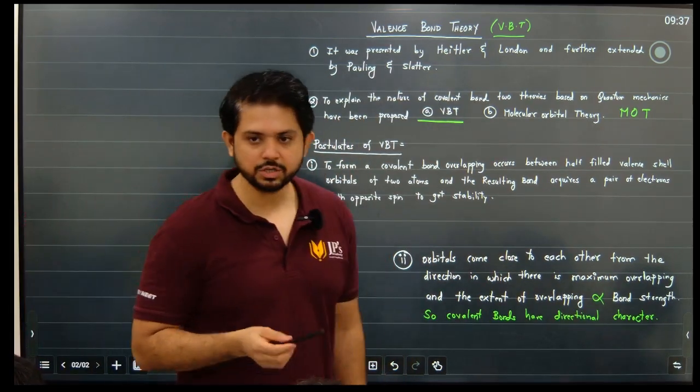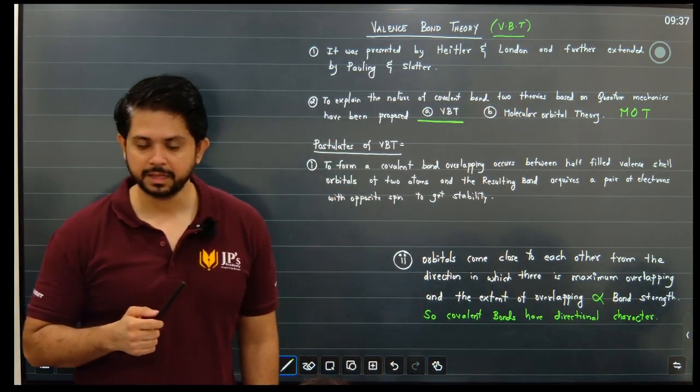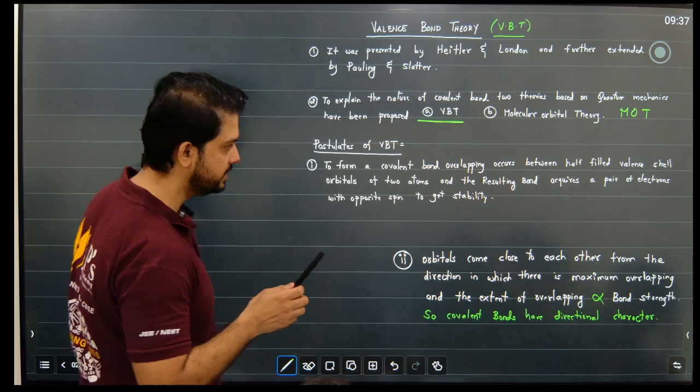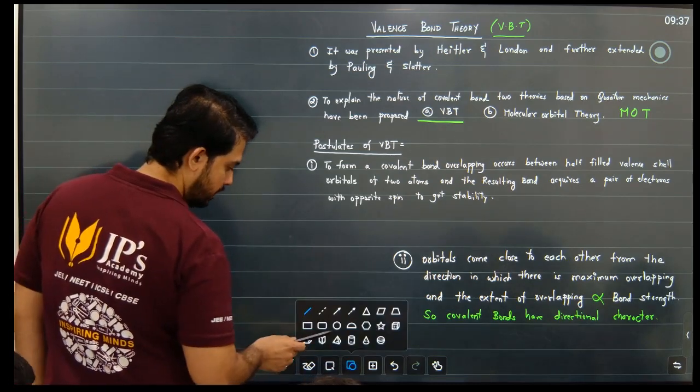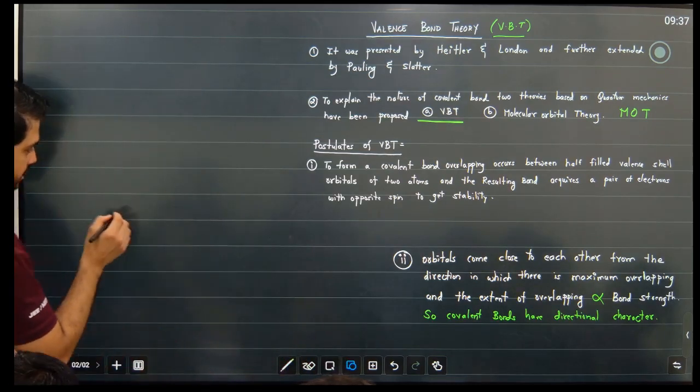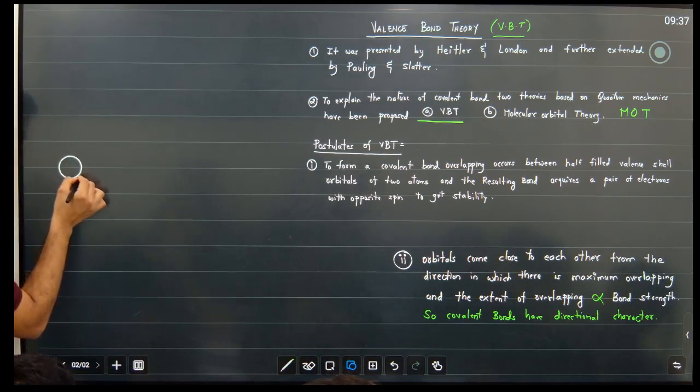Now let's understand what VBT is trying to explain. VBT क्या बोलता है? VBT says that एक कोवेलेंट बॉन्ड बनने के लिए we need atomic orbitals.